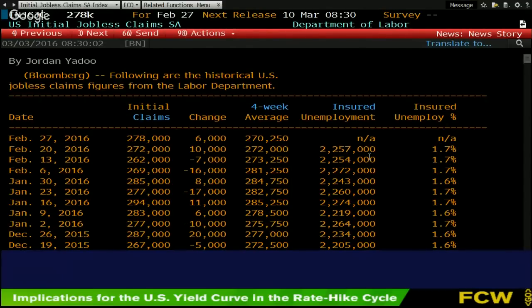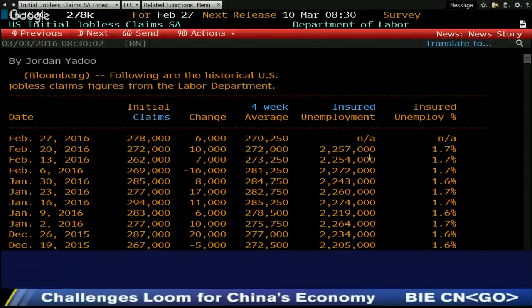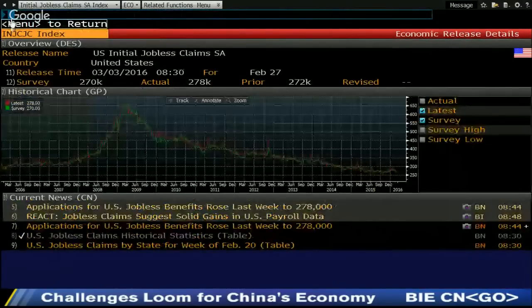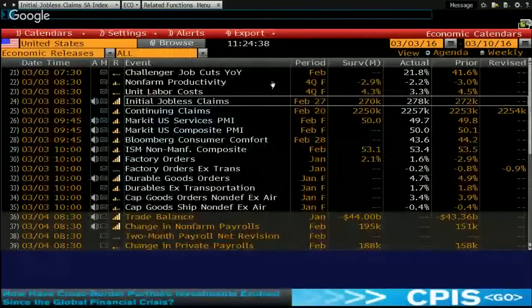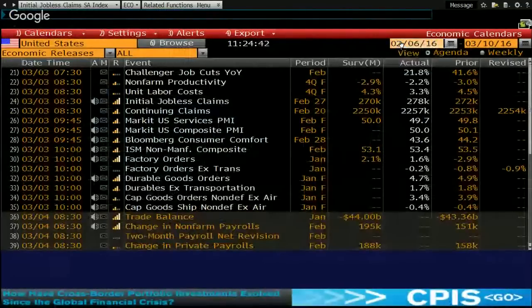But the issue here is that we all know that jobless claims are very low, and fewer job losses have not translated into stronger job growth. So you take that into consideration, and maybe discount the importance of this a little bit, because overall we still remain below 300,000. Anything below there is still consistent with a good number.